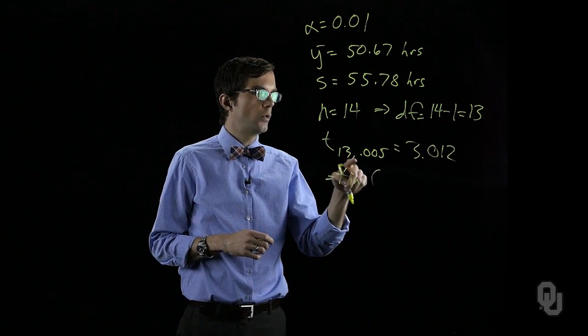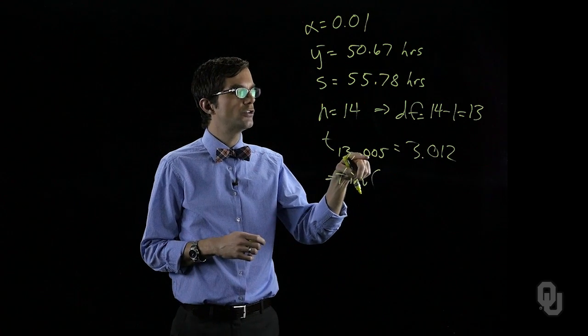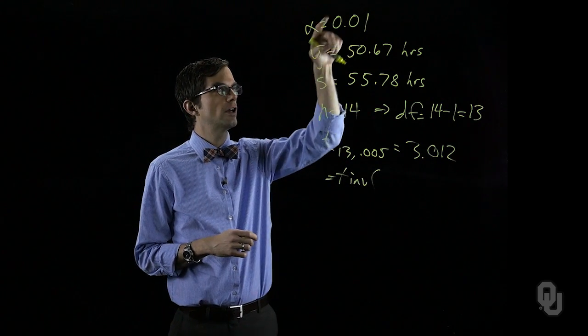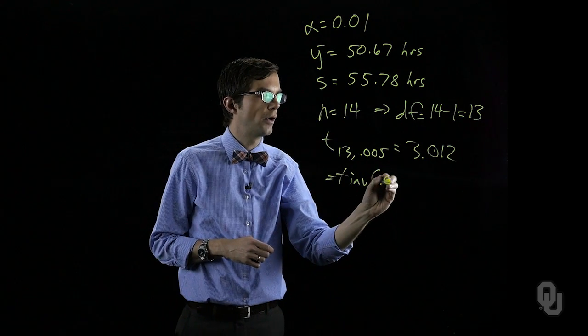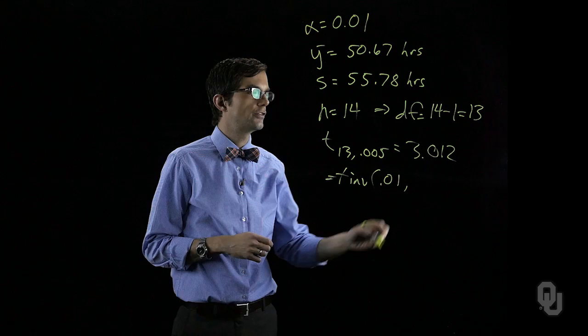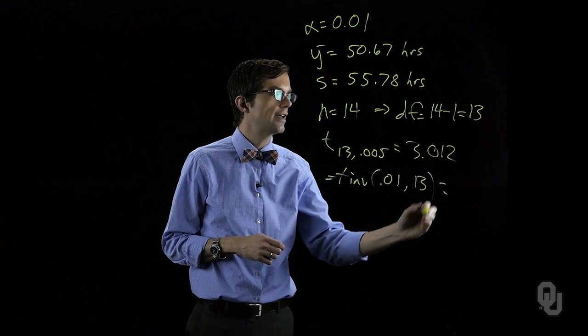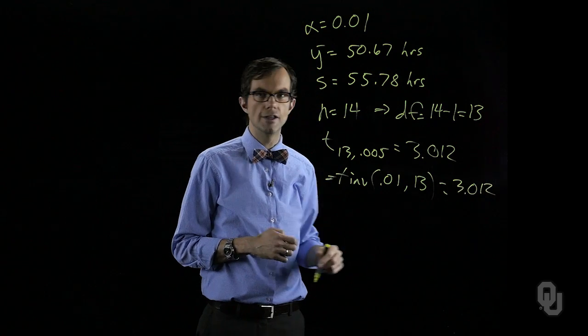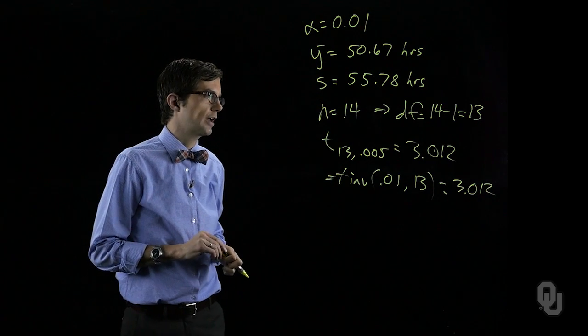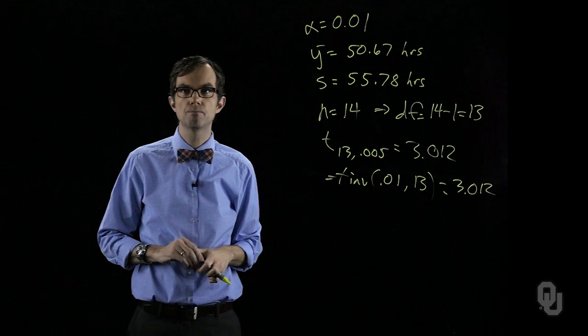We would have to read in the two-tailed probability. Here, the two-tailed probability would have 0.005 in each tail. That is 0.01. And degrees of freedom 13. If we do that in Excel, we get the same answer, though we probably have several more digits after that, or this might be rounded up a little bit.